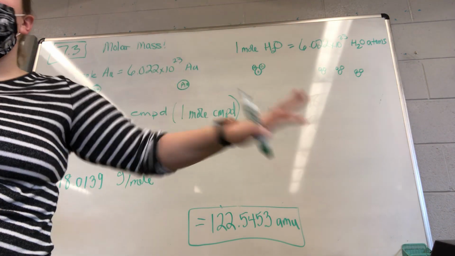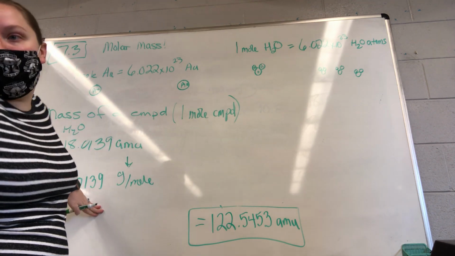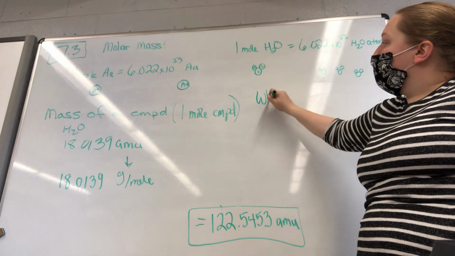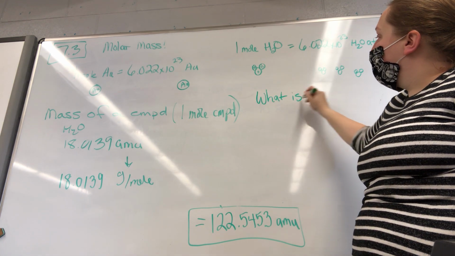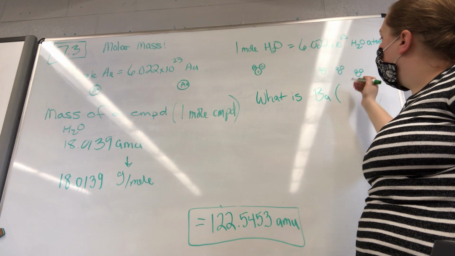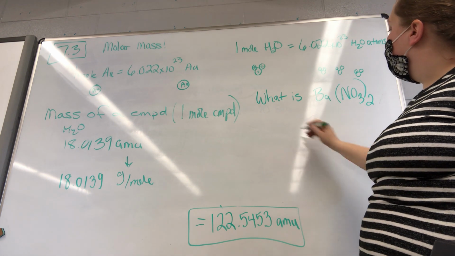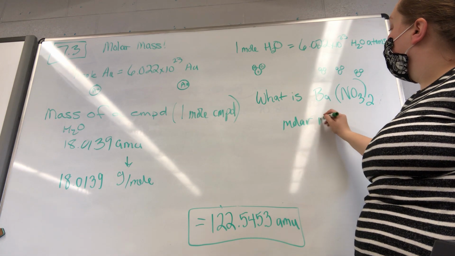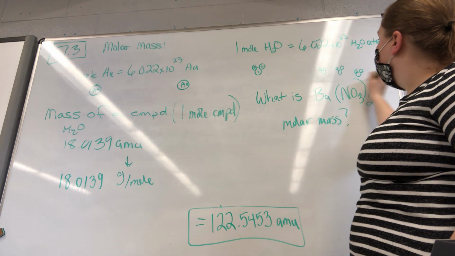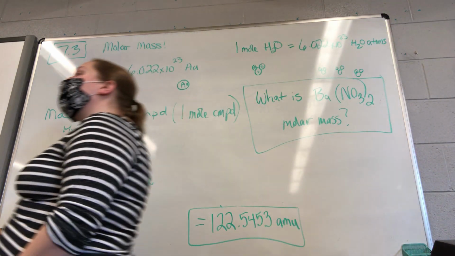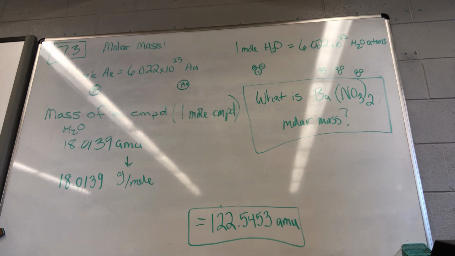So we just did this relation. Let's do another problem. And we're going to do this one together. So we're going to follow the exact same procedure that we followed for the formula mass, except that in this particular case, we're just going to change the unit.